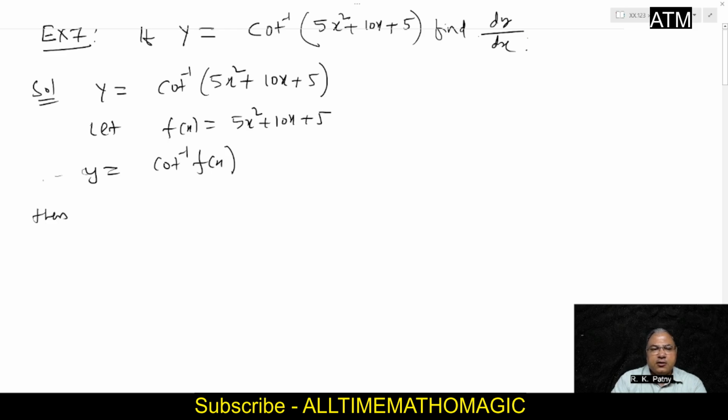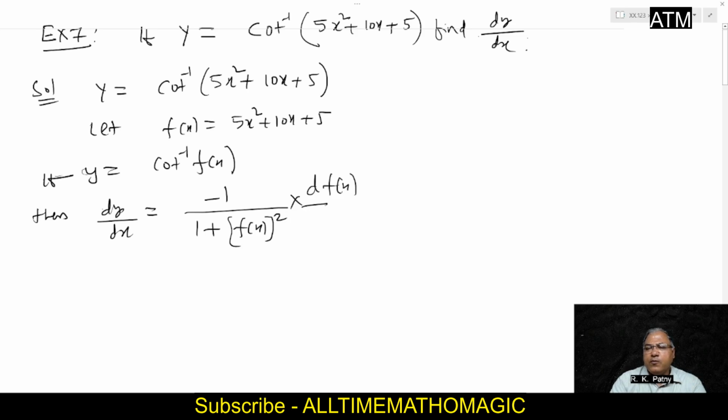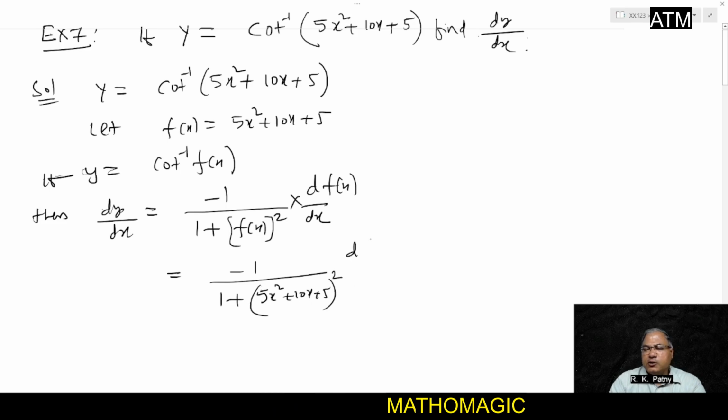Then if y equals cot inverse of f of x, then dy by dx equals minus 1 upon 1 plus f of x whole square into derivative of f of x with respect to x. Therefore, minus 1 upon 1 plus, what is f of x? That is 5x square plus 10x plus 5 whole square into the derivative of 5x square plus 10x plus 5 with respect to x.